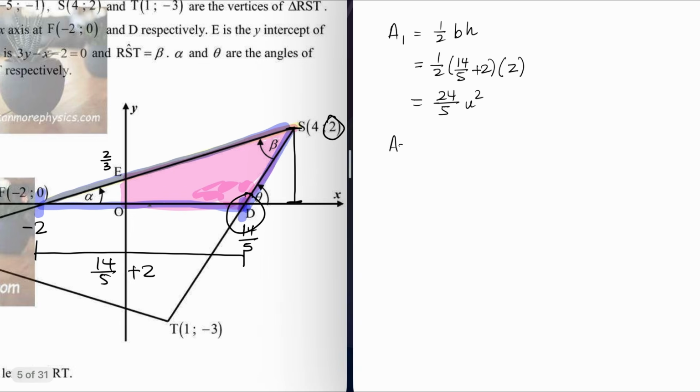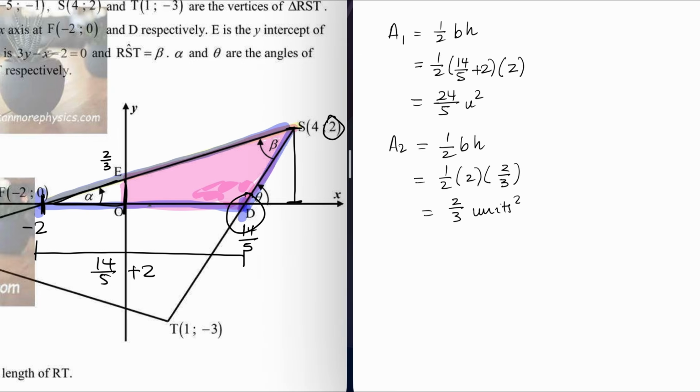Then area 2, which is the white triangle, this one here, that's going to be half base times height. Now the base in this case is simply going to be from here to here, which is 2, and the height is going to be 2/3. And so the area of this white triangle is simply going to be 2/3 units squared.